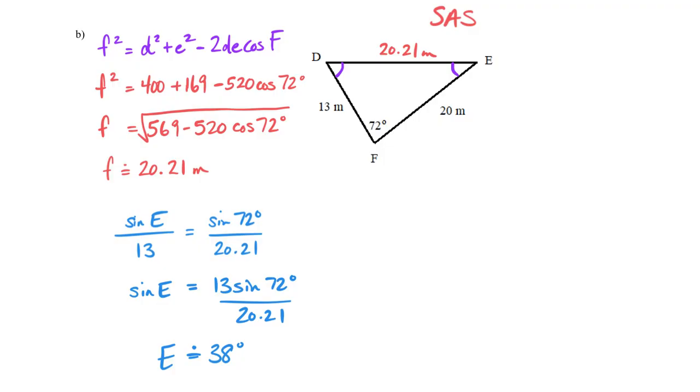Except, if you don't need to use technology. I want you to notice that as soon as you found that angle E was 38, you have two angles within your triangle. So find the third. If you wanted to go through and use sine law, you could, but I would hope that everybody knows that they're going to use 180 minus the sum of the other two.